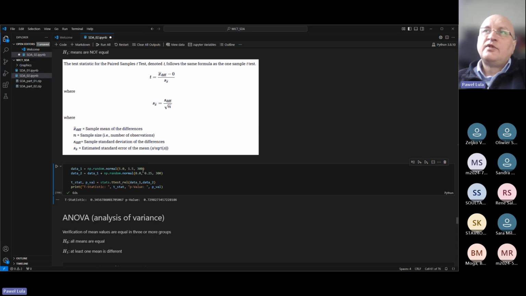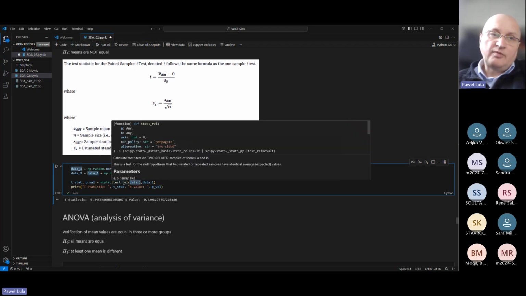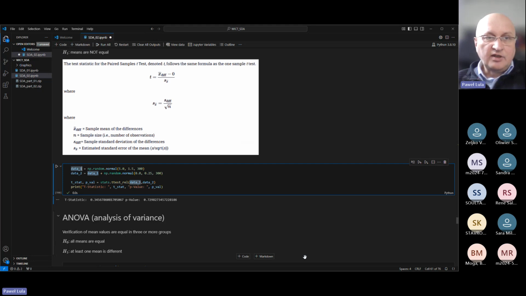For example, we have 300 objects, 300 students. And in this vector, data 1, we have the number of points obtained by every student at the beginning of this educational process. And these values are generated here. Here we have a data 2 data set, and it is defined in this way.